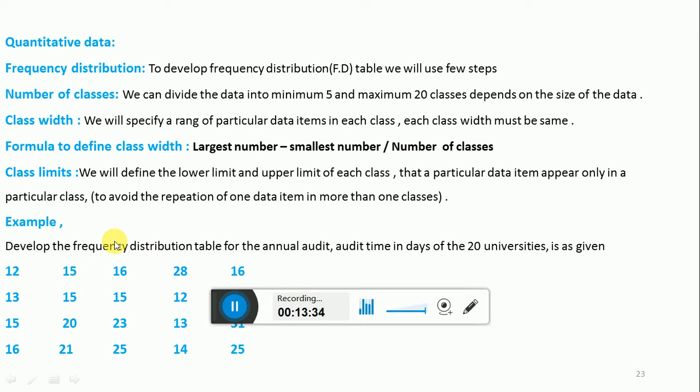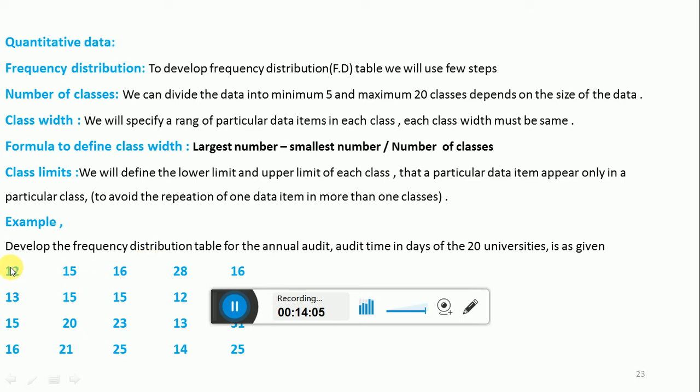We will repeat them practically by taking one example: develop the frequency distribution table for the annual audit of 20 universities, where the consultant is conducting the audit and the audit time is given in days.